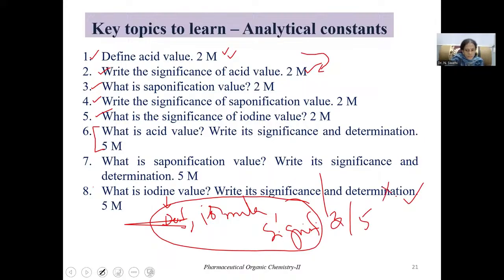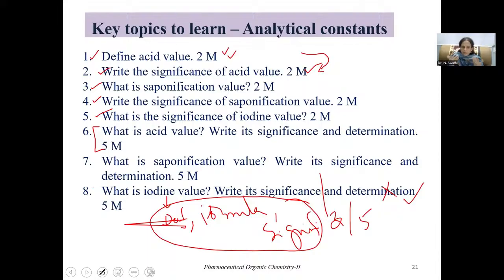Okay, that means if you skip the determination also, provided if you are having confusion or fundamentals are not good, okay, you are not able to understand the determination part, in that case also, if you skip determination for all, but you are very much thorough about the definition, formula, and significance, if it comes for 5 marks also, minimum 3 marks you will get, provided if you are writing these contents without any mistakes.